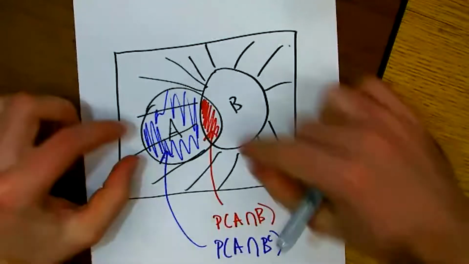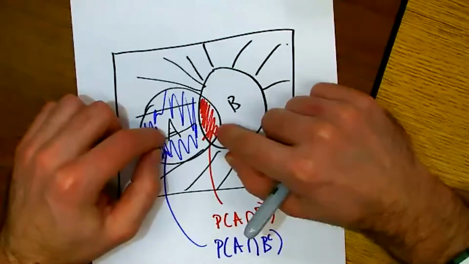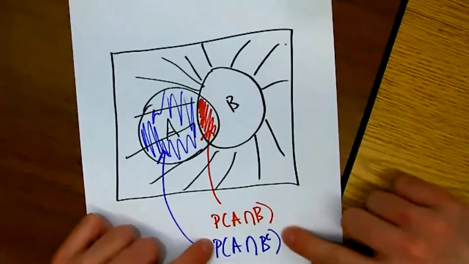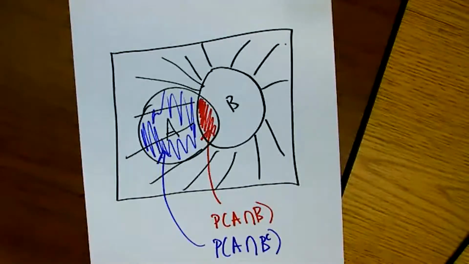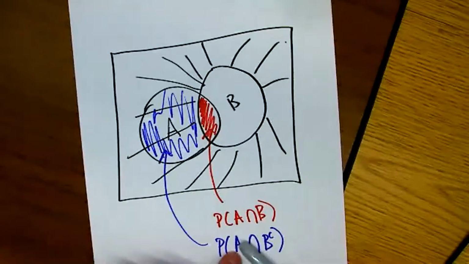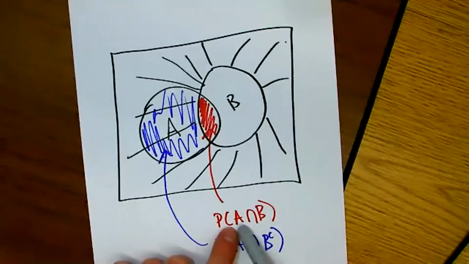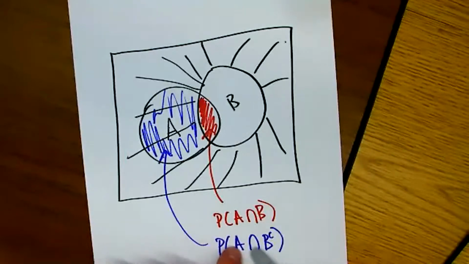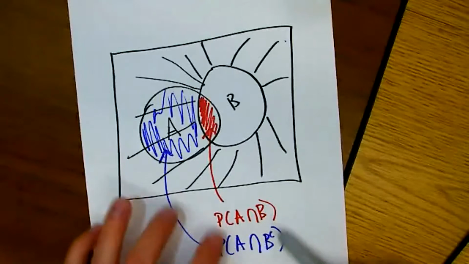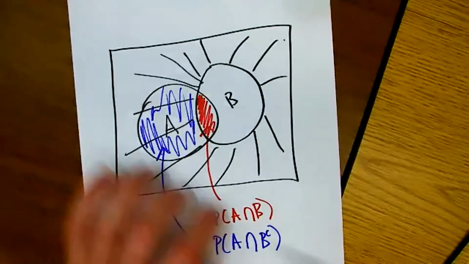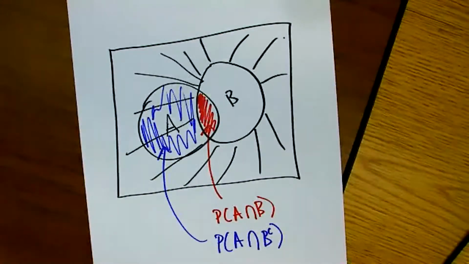So notice I now have the two parts of event A. If I add these two together, that should just give me the probability of A, right? So anytime you want the probability of an event, if you take the intersection of that event with your other event and add that to the intersection of that event with the complement of the other event, those two things should just add up to that event, A. And that's essentially what we're doing with that contingency table.